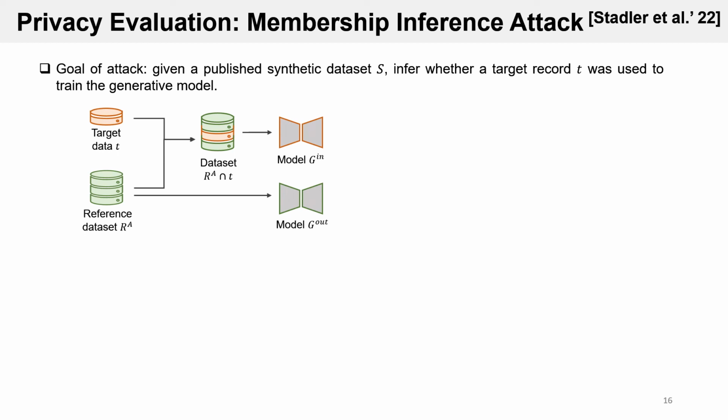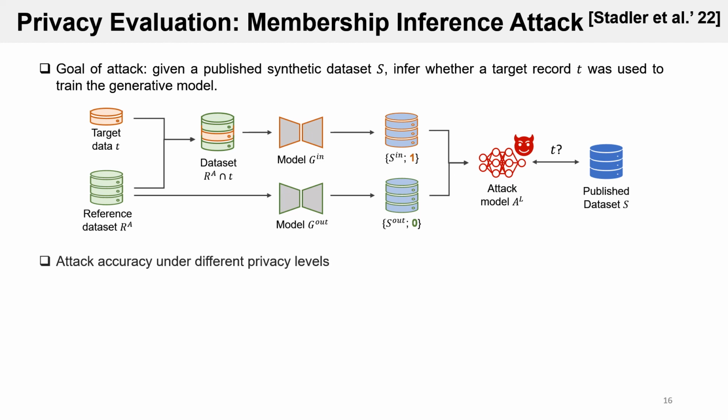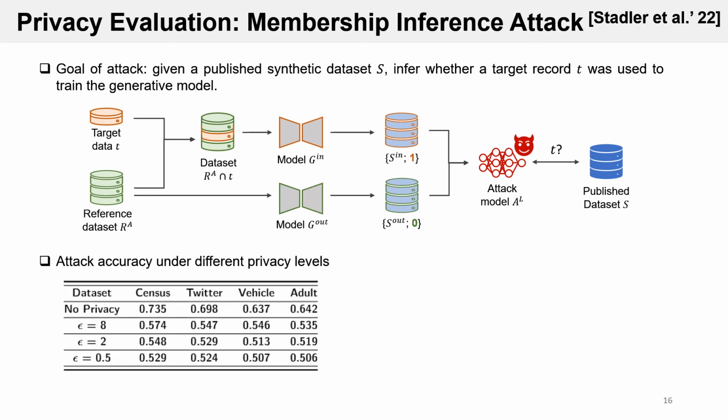Then, the synthetic datasets generated by both models will be labeled and used to train an attack model, which can be regarded as a binary classification task. Finally, given the published synthetic dataset, the adversary can use the attack model to infer the membership of the target record. Here, we report the attack accuracy of the 4 datasets and the different privacy levels.